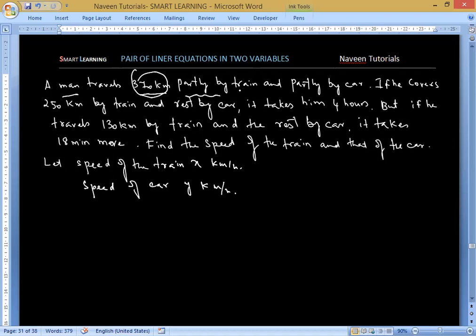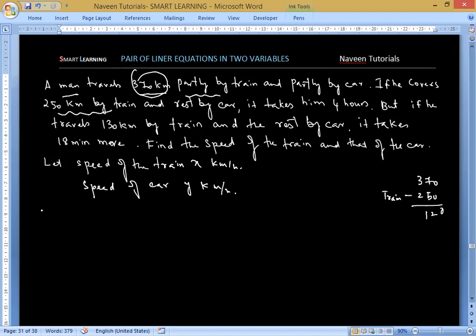So if he covers 250 kilometers by train, this is the train, then the rest by car, 370 minus 250, means 120. So he is traveling 250 kilometers by train and 120 kilometers by car, right?